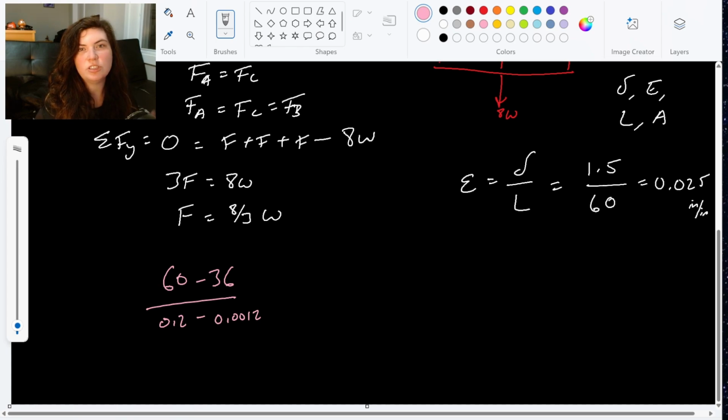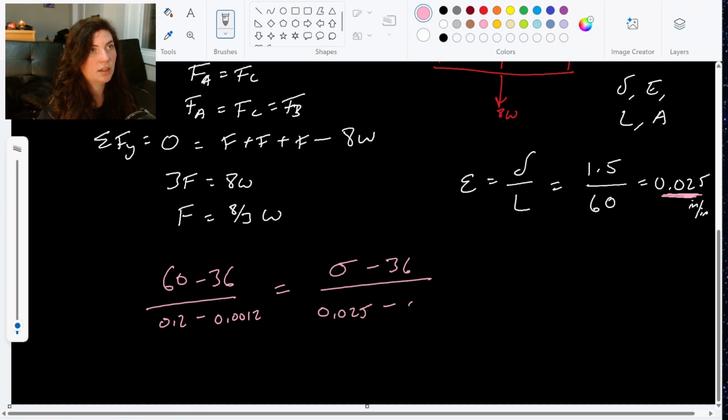I can use this to essentially get a slope of that line and say, okay, this equals the stress value I'm interested in, the thing that I don't know, minus 36 over the strain value I do know, the strain value that I want, right? This 0.025 minus the 0.0012.